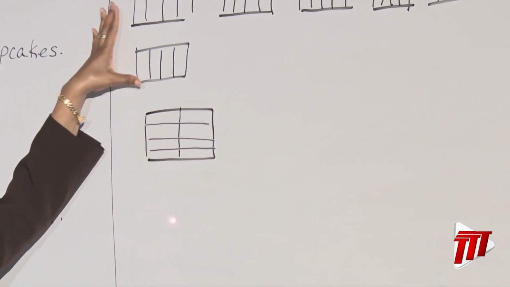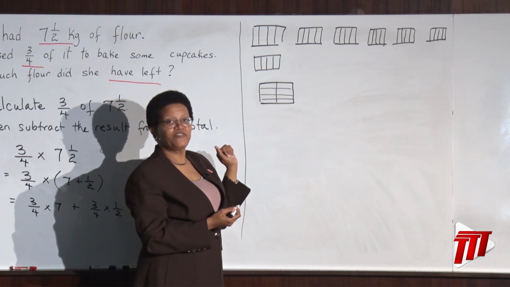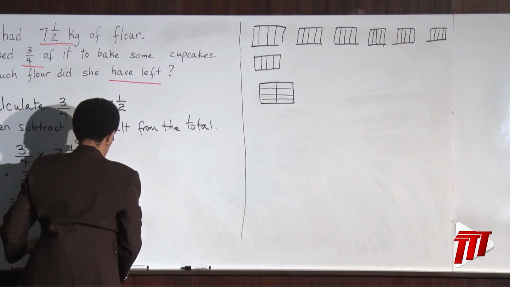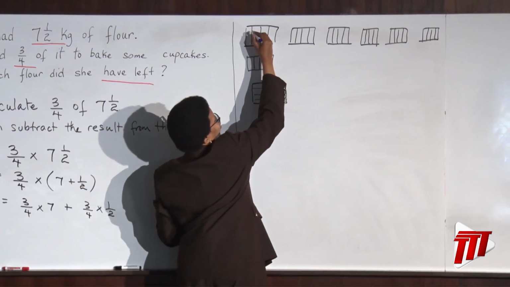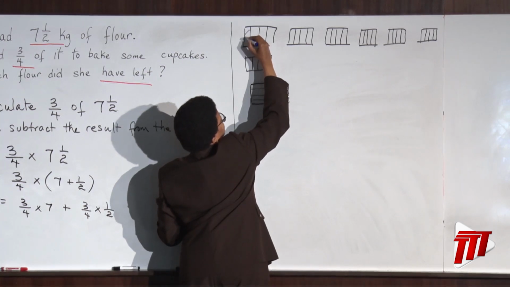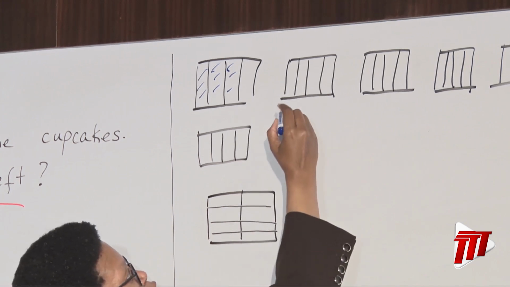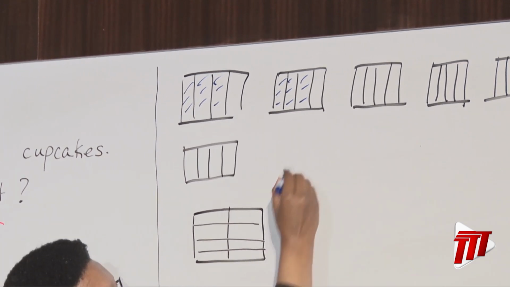Now, let's look at our 7 wholes. Let's look at our halves, and let us find 3/4 of each. In each whole, I am looking at 3/4. 1, 3/4, 2, 3. 1, 2, 3, 3/4. We continue.